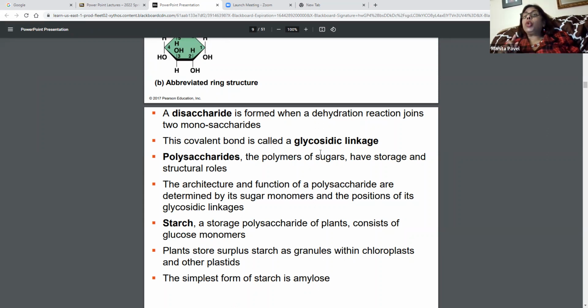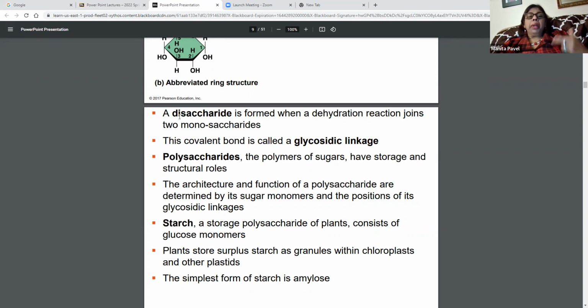It's called the glycosidic bond. So this covalent bond is the glycosidic linkage. I don't just want you to say covalent bond. The most specific answer is a glycosidic bond that joins the sugars in a carbohydrate together, glycosidic linkages.